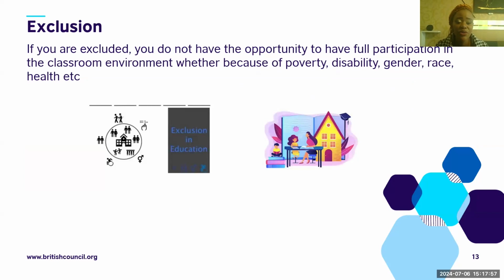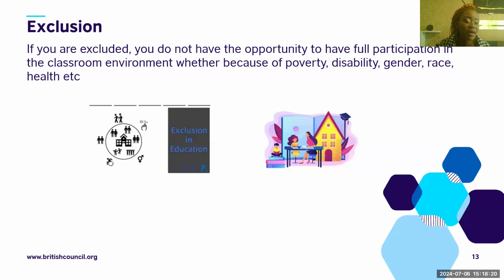And we come to exclusion. Exclusion is where a child is not given an opportunity to participate with learners in the classroom environment. Normally, parents choose to homeschool a child, maybe based on poverty, maybe because the child has a disability.